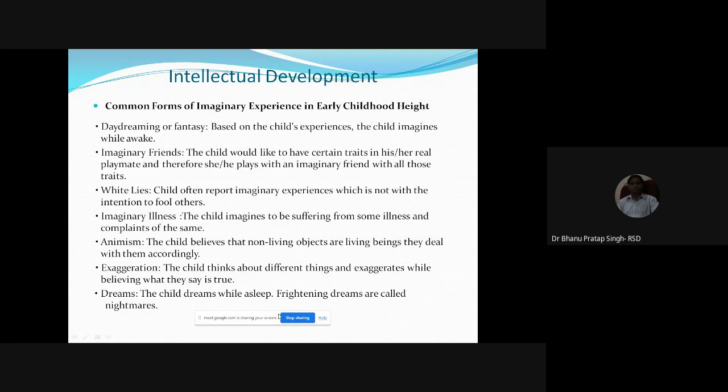intellectual development. He or she makes imaginary friends. Even the child often reports imaginary experiences also. Imaginary illness: he is not ill, but he may feel that he is ill.